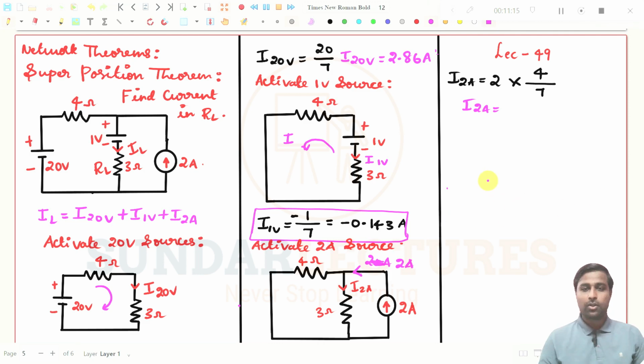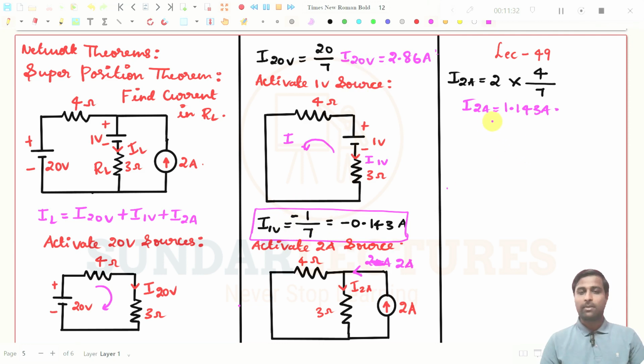So 2 times 4 by 7, if I simplify this, I will get 1.143 amperes.